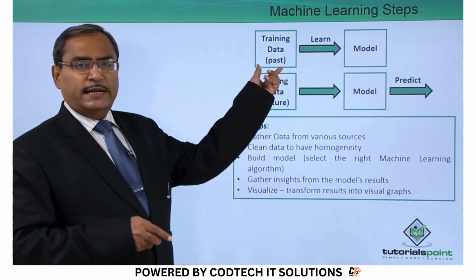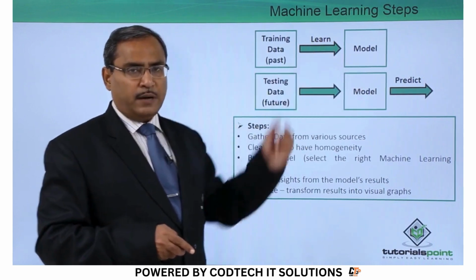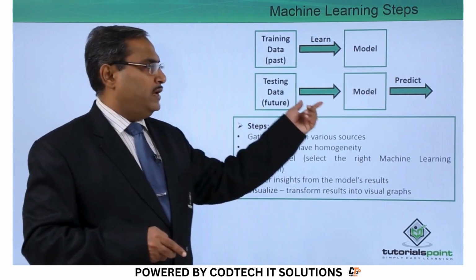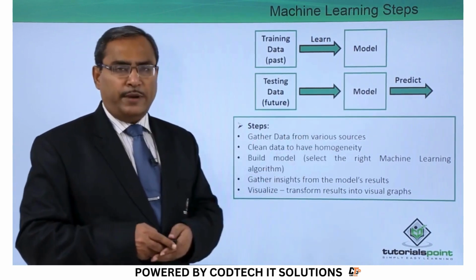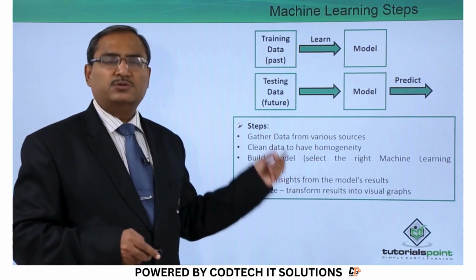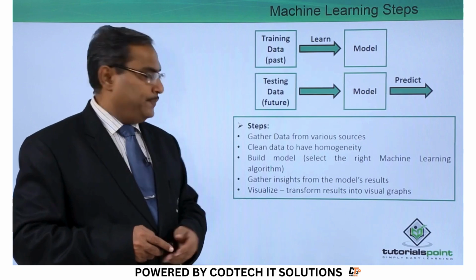Training data, that is our past data, will be given to this model for the learning purpose. And test data, that is our future data, will be given to our model for the prediction. So gather data from various sources. That is our step number 1. Clean data to have homogeneity.